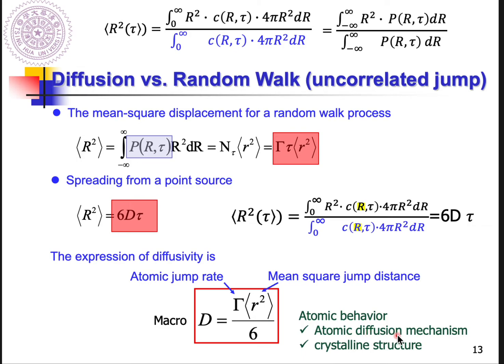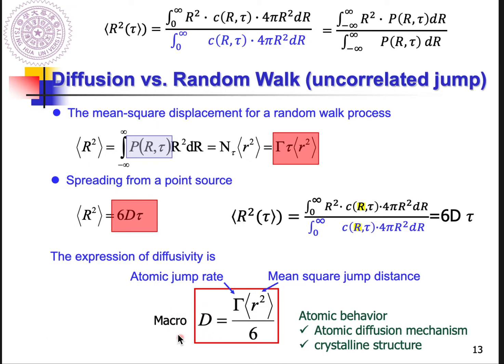So different diffusion mechanisms and different crystal structures will affect gamma and the mean square displacement, and this atomic behavior is the reason why we have different diffusivity in materials.